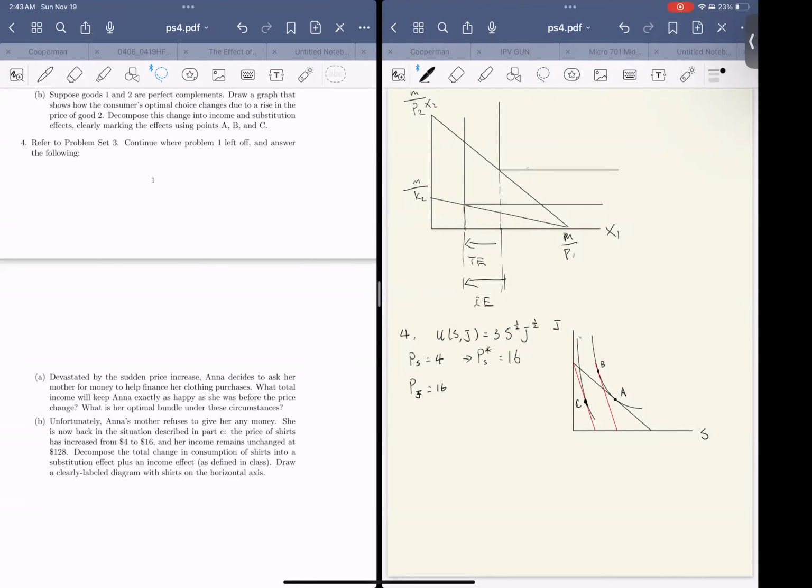Oh, let me check. Yeah, it does look like this. It's a little bit obscured, but it's okay.